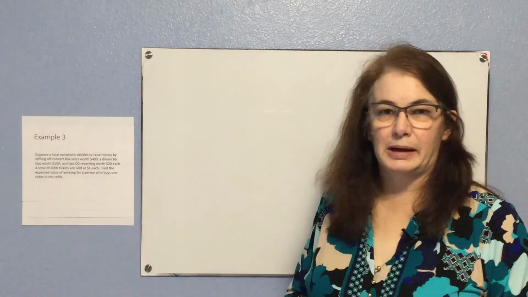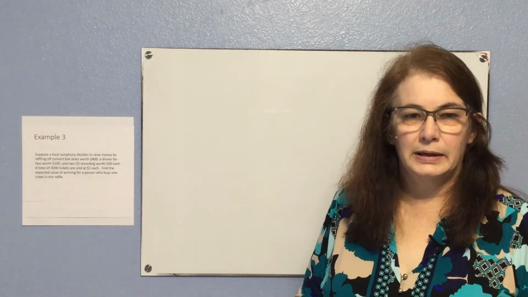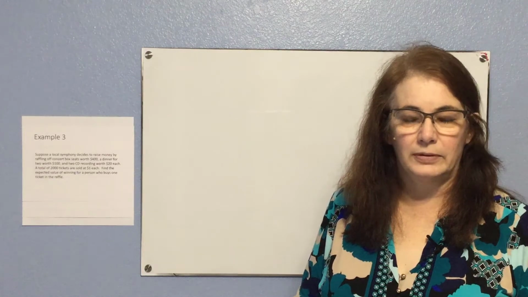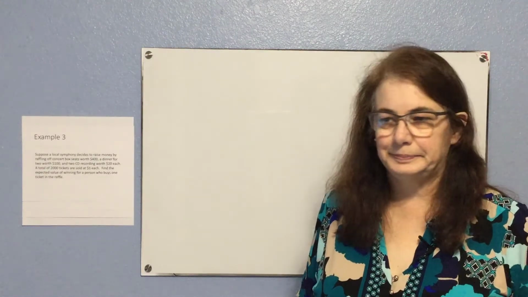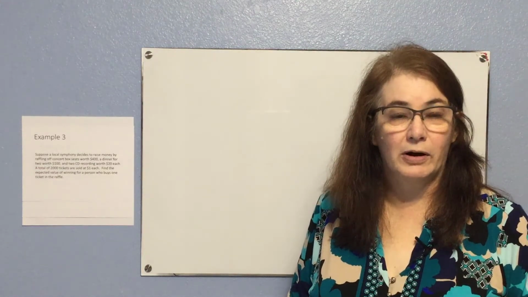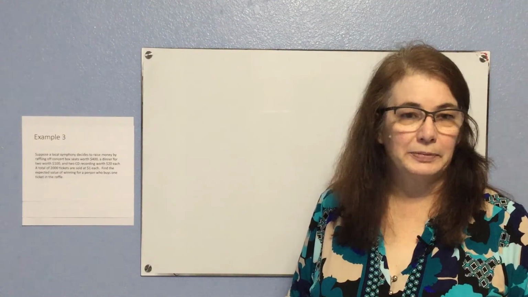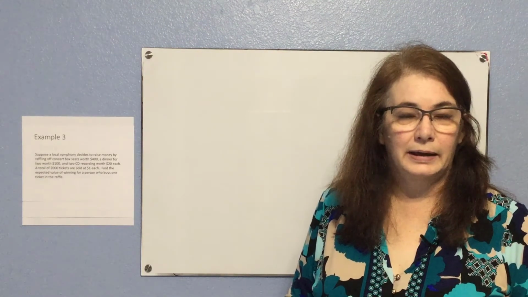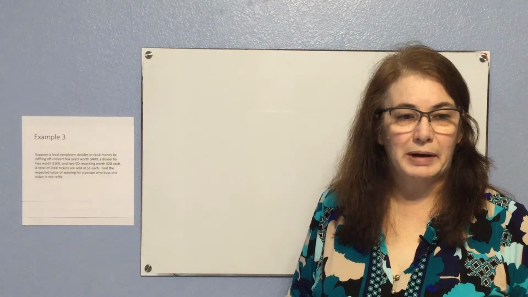Another place where we might look at expected value is when we're buying tickets for a raffle or maybe paying to play a carnival game, looking at how much we have to pay to play against how much we might expect to win.